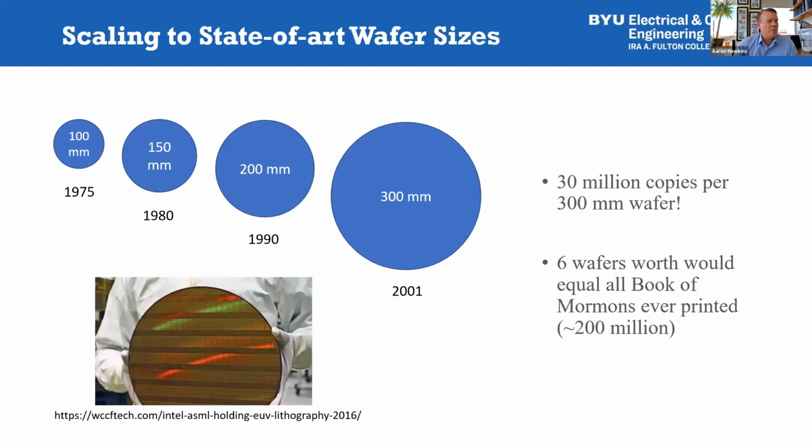Another thought experiment, what if you could use even bigger wafers? State of the art for wafers is 300 millimeters and not 100 millimeters. If you could make your tiny nano Book of Mormons on 300 millimeter wafers, you could put 30 million copies on each wafer, which means it takes 6 wafers to equal the total number of Book of Mormons ever printed.